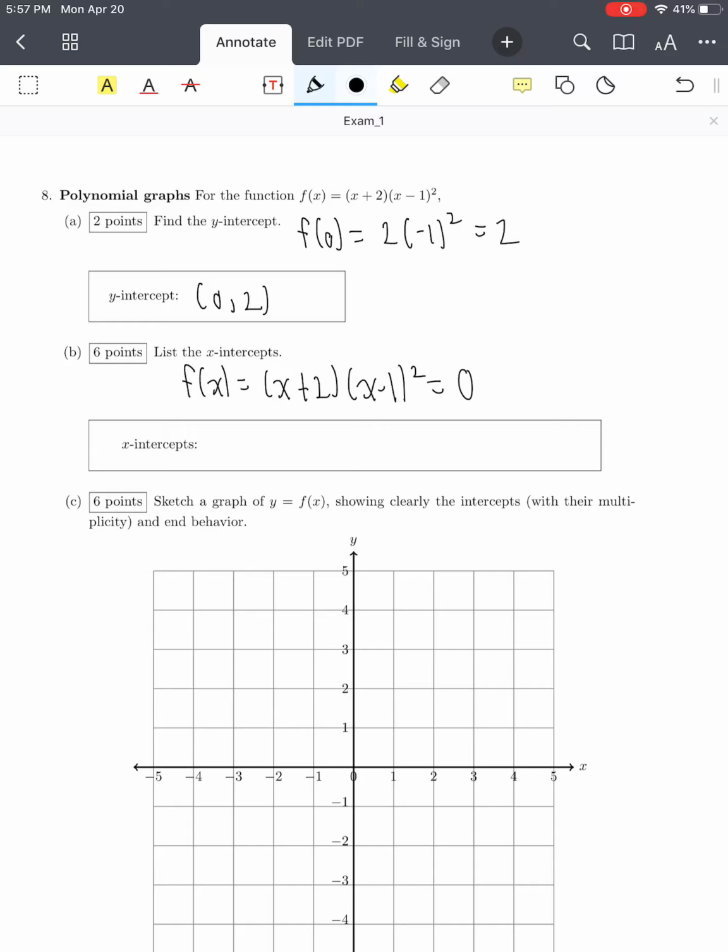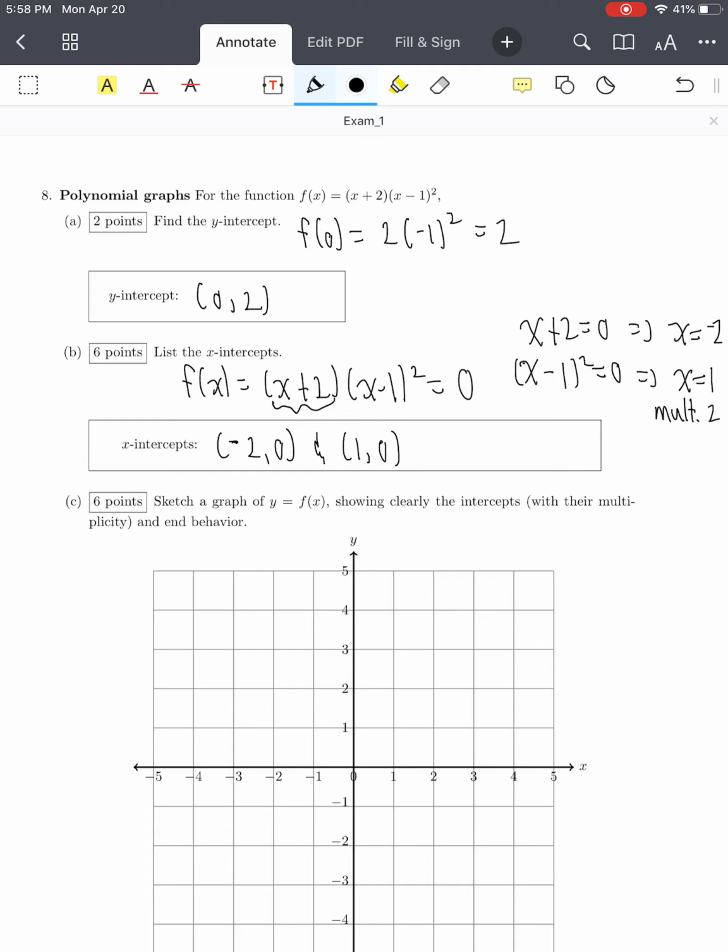Usually we would factor it, but since it's already in factored form, we can set x plus 2 equal to 0, which tells us that x equals negative 2. And then setting x minus 1 squared equals 0 tells us that x equals 1 with multiplicity 2. So the x-intercepts are negative 2, 0, and 1, 0.